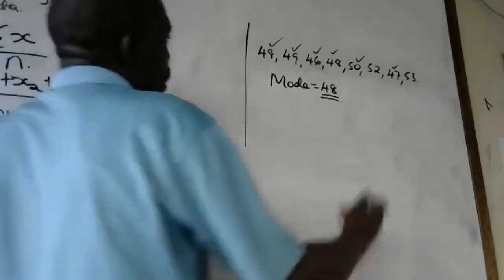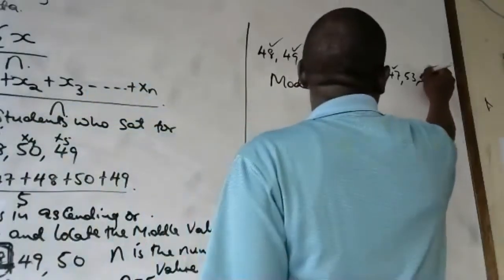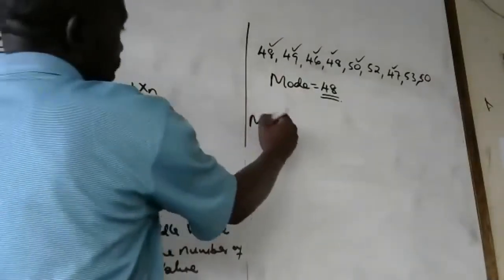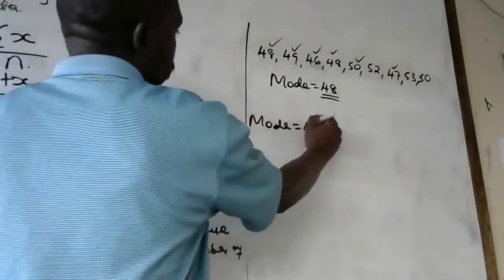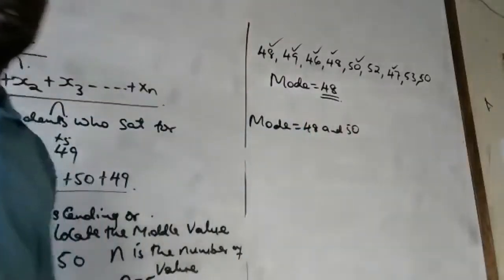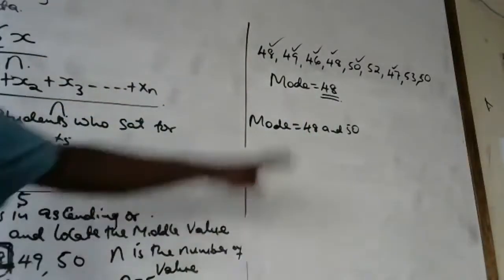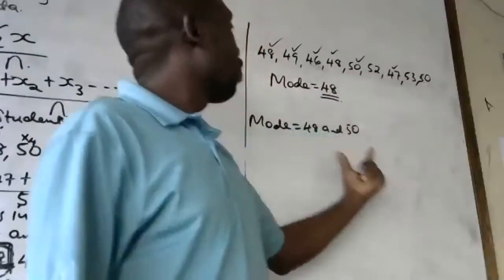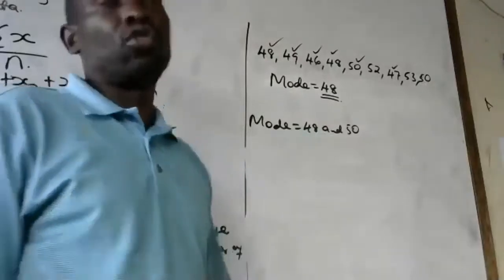For example, if we had another 50 there, we should say that the mode is 48 and 50, because 48 is appearing twice and 50 is appearing twice, so both of them are modes.